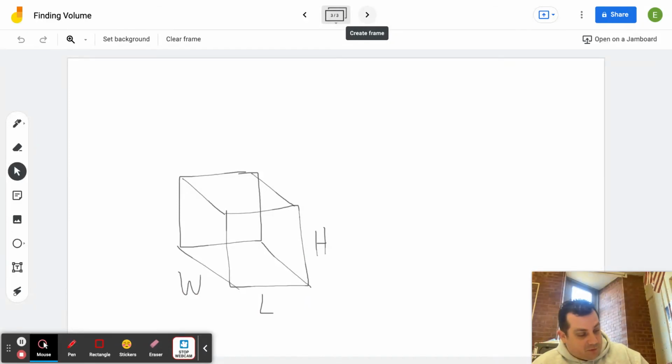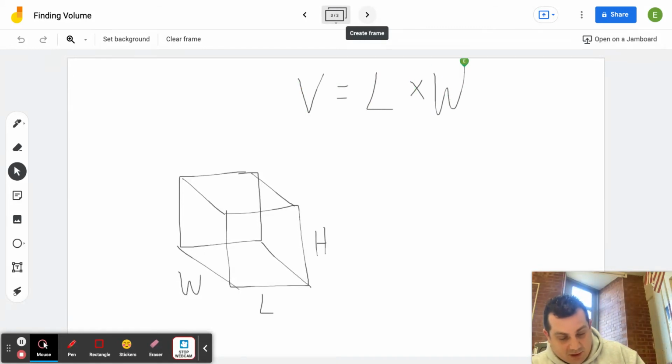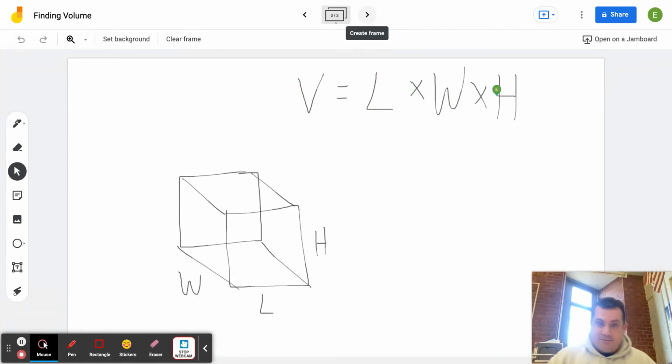I know we said before the volume equals the area of the base times the height. So really what you're doing is volume equals length times width times the height. L times W times H.